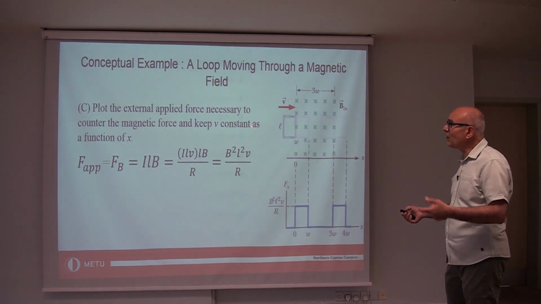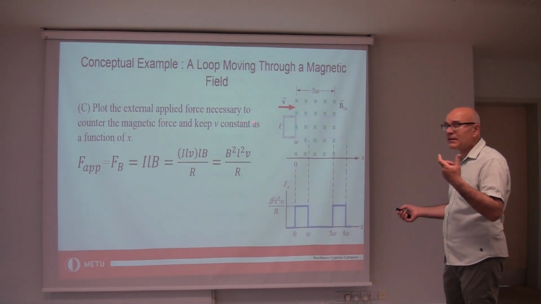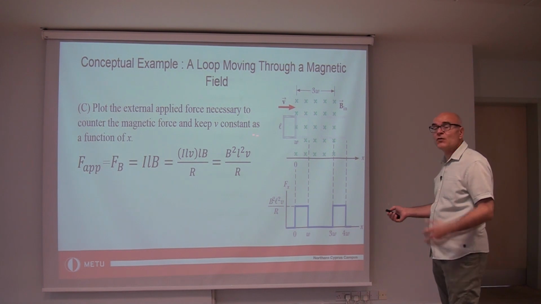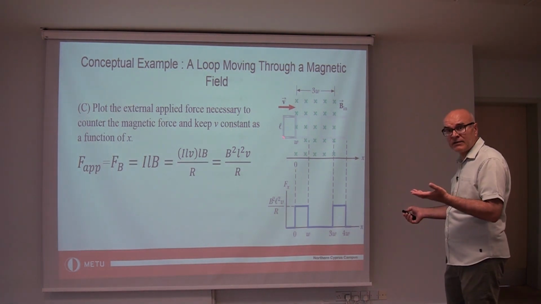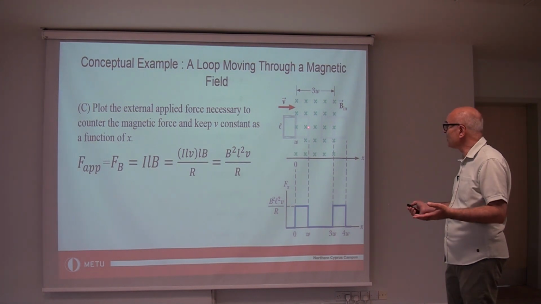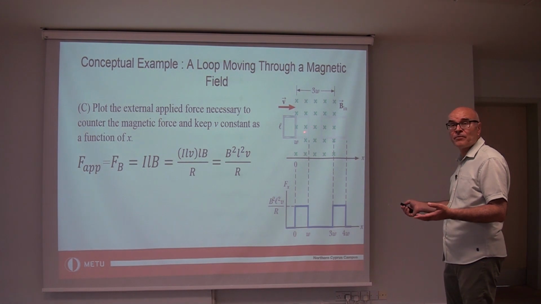So we want to find what this magnetic force is. Of course, this magnetic force will occur only when you have a current, because when you don't have a current, there is no magnetic force acting on the loop. So when the loop is totally inside here, you don't have a magnetic force.